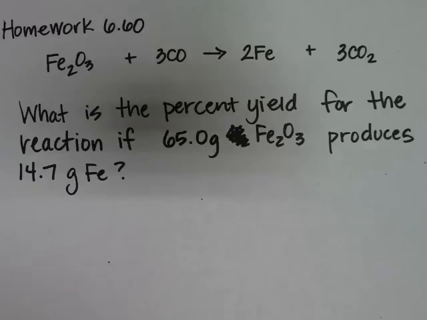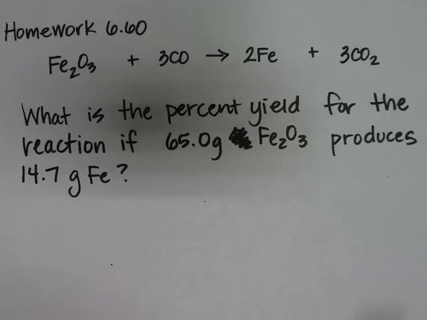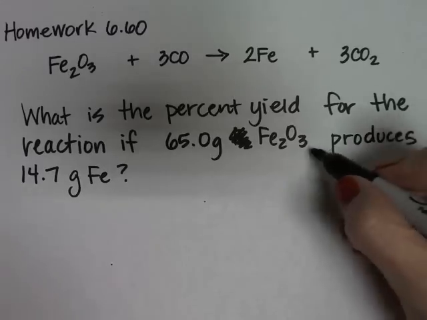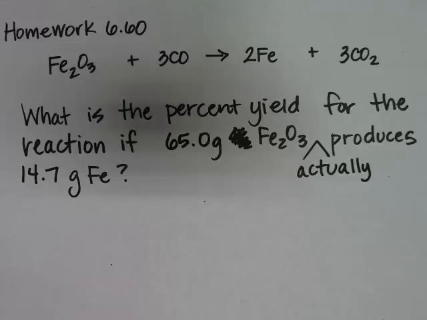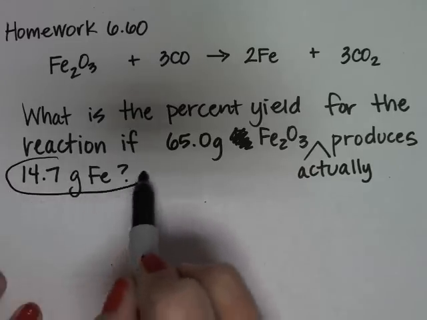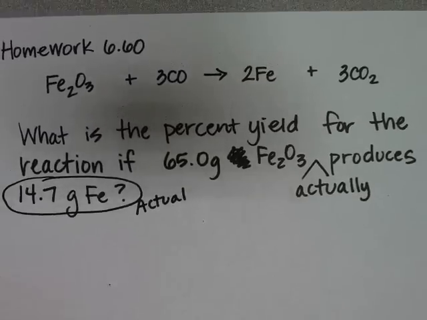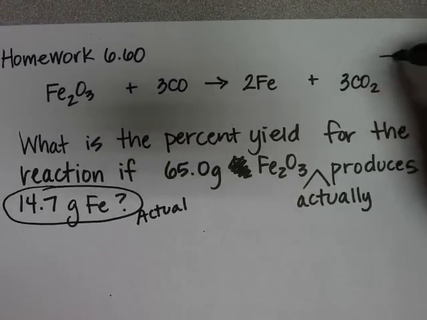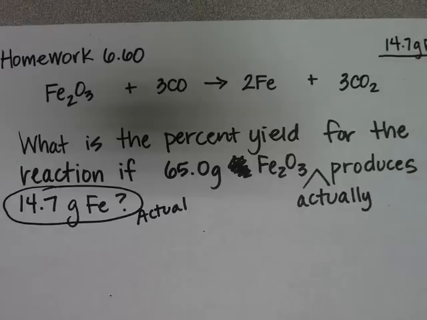So then we got to decide, do we start with the 65 grams or do we start with the 14.7? So let me reread this to you, and I'm going to insert a word that will help you decide. What is the percent yield for the reaction if 65 grams iron oxide actually produces 14.7 grams of iron? This is the actual. So we're not going to do anything with it right now. I'm going to write it over here. 14.7 grams of iron are actually produced.